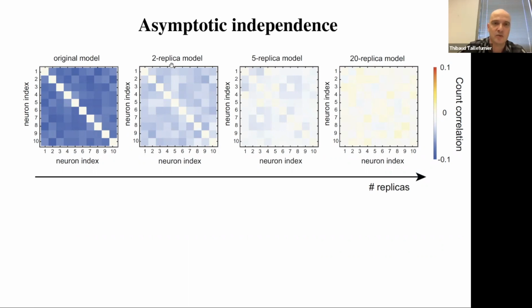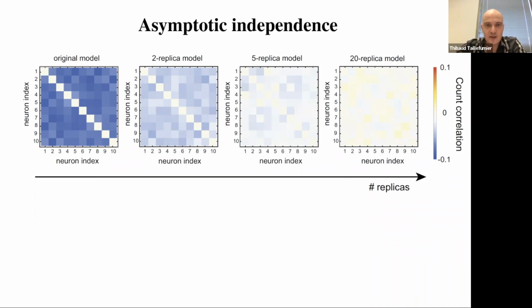So here's the original model, then the 2 replica model, the 5 replica model, the 20 replica model. You see that for the original model, there's some correlation between the neurons as expected, and it quickly vanishes with the number of replica. I just show you that as a numerical illustration of the fact that we achieve asymptotic independence. In practice, I never do those kinds of simulation. The goal is to actually analyze those limits to find equations that will allow us to characterize the state without ever simulating.